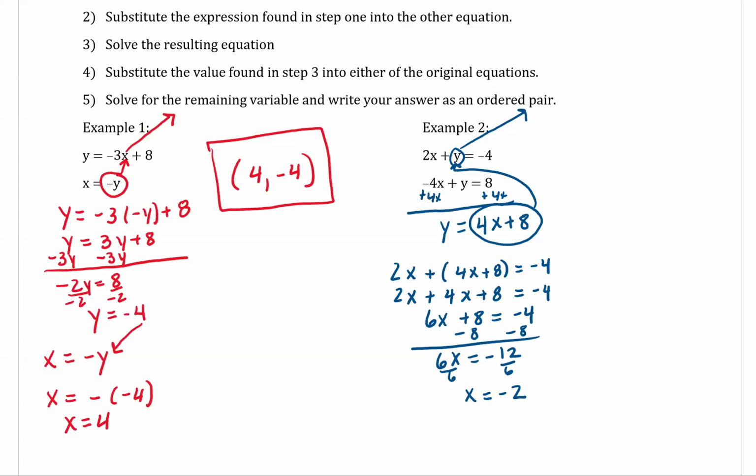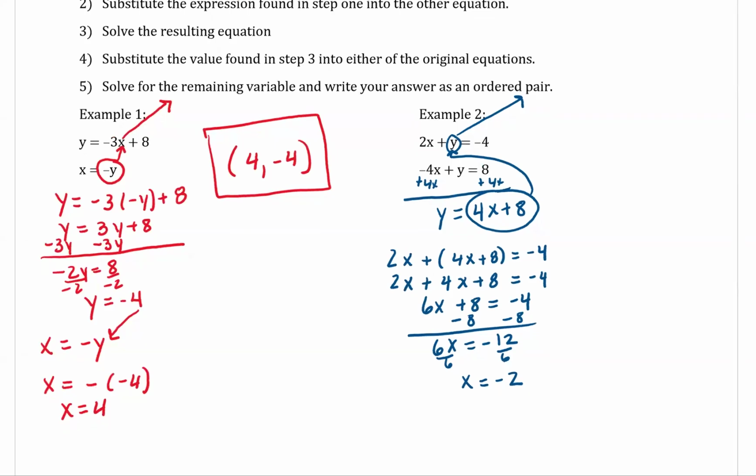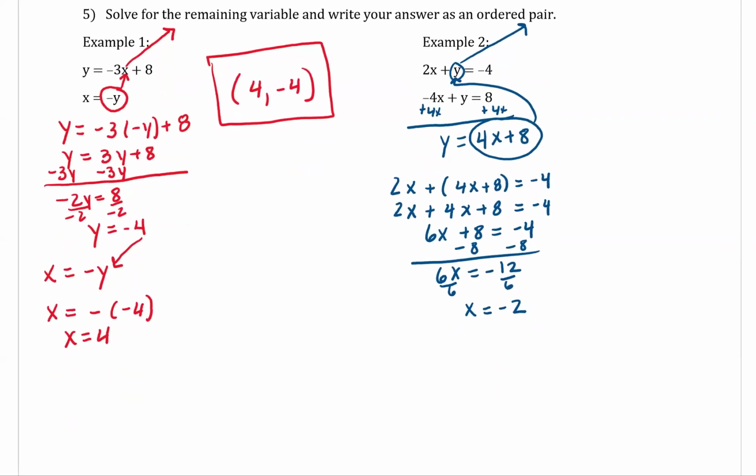x is equal to -2. Now I can substitute in -2 for x in either of the original equations. And I'm going to select the first equation. So I wrote it there so we can see what I'm doing. Plug in -2.